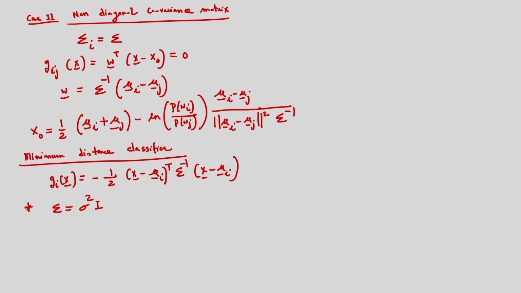In this case, I have to determine the maximum discriminant function. For C number of classes, I have C number of discriminant functions, and I have to take the decision based on this. So I have to find the maximum discriminant function and based on this, I have to take the classification decision.